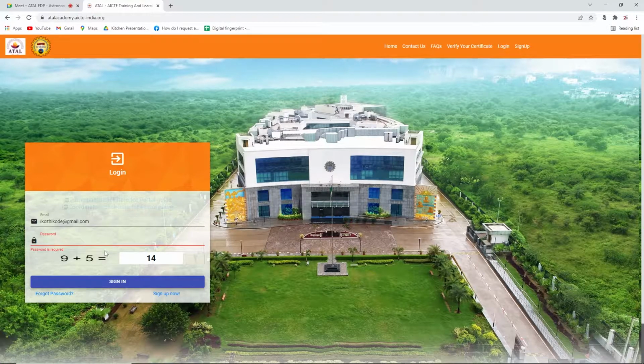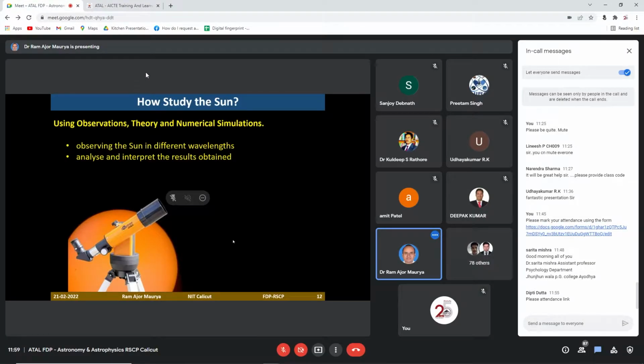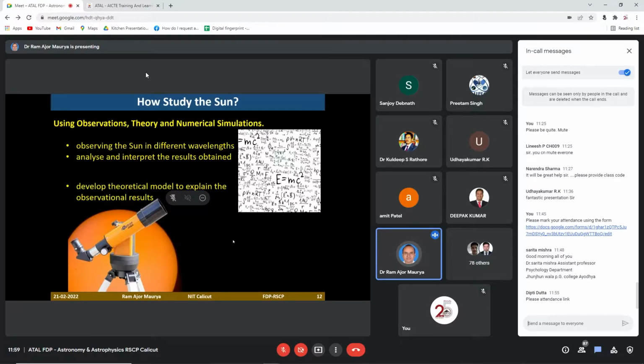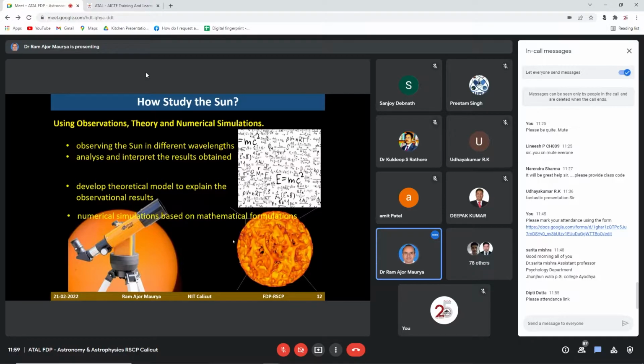We analyze and interpret the results obtained from the observations. We can also develop theoretical models to explain whatever we observe using telescopes, and using computers we can simulate the phenomena associated with the sun. This way we can study the sun using observations, theory, and numerical simulations.